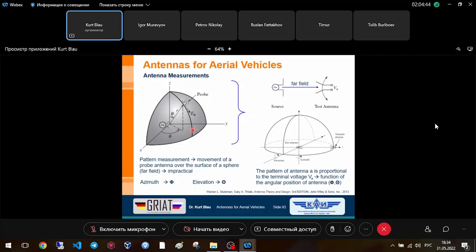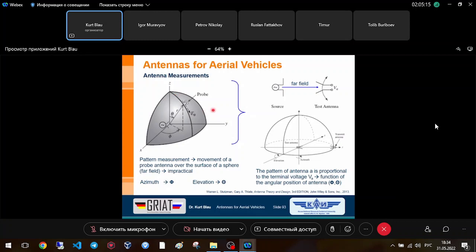It is very complicated. Near the surface of the Earth, it's not a problem. But if you have to put the probe antenna higher and higher to hold this distance, for instance 50 meters, how can you come to this point?